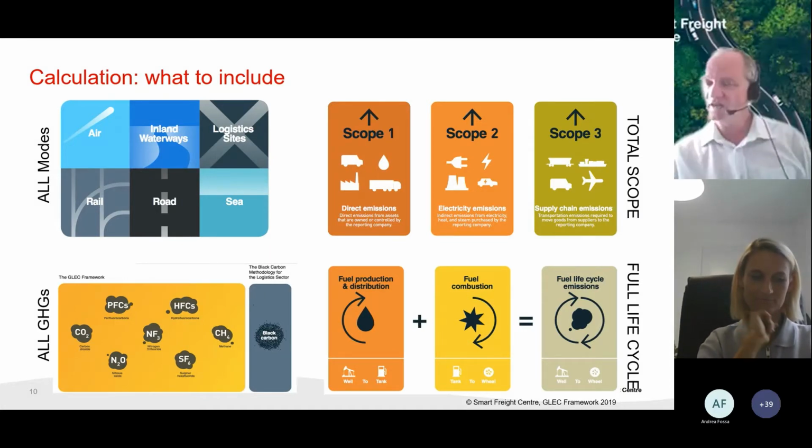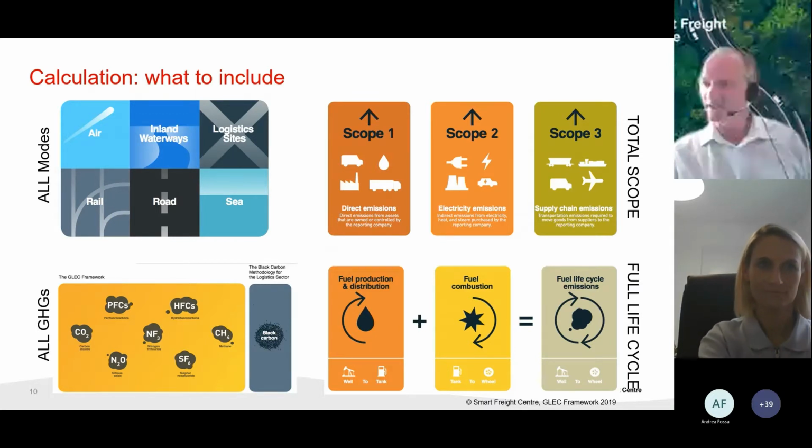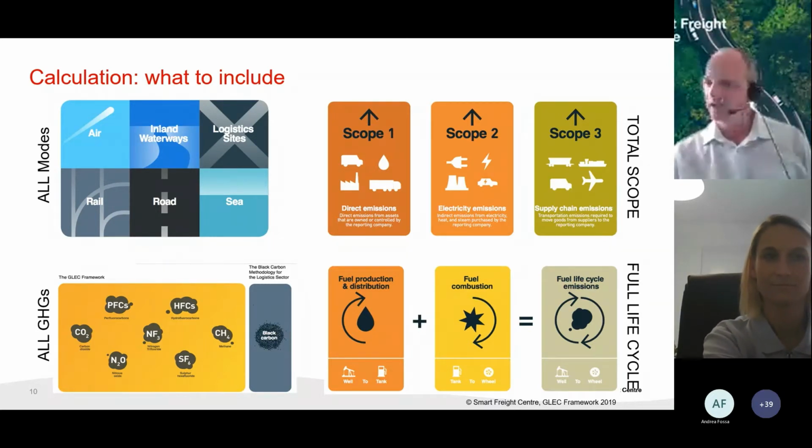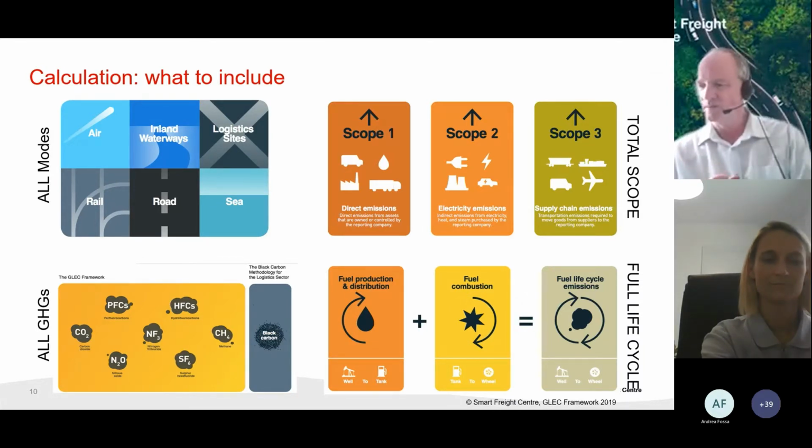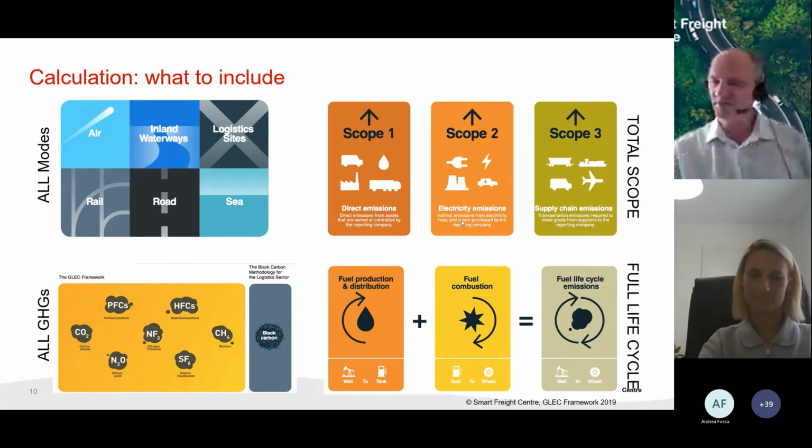We do have a supplement, which is the black carbon methodology for the logistics sector, which is particularly relevant for some of the heavier fossil fuels and impacts that occur primarily in the Arctic or in and around high mountains, where you impact on the ability of white surfaces to reflect radiation.